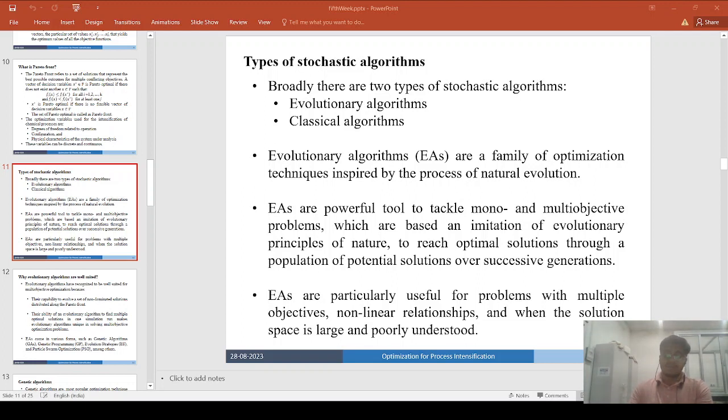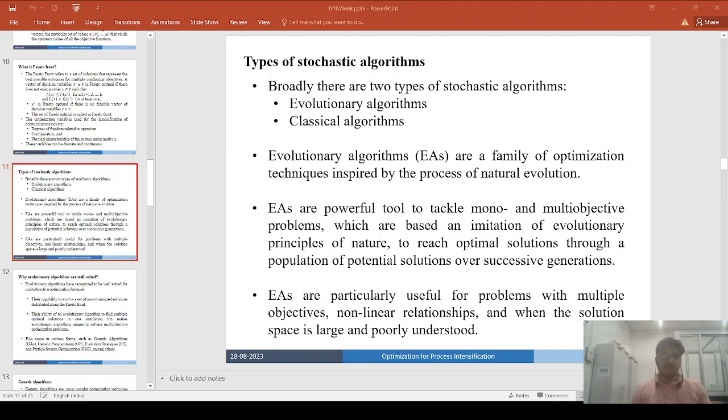When you apply classical methods to an optimization problem, you might take only a single potential solution and then verify whether it would work or not. But in an evolutionary algorithm, it is not the case. In an evolutionary algorithm, you initialize your algorithm with a set of potential solutions instead of a single one.